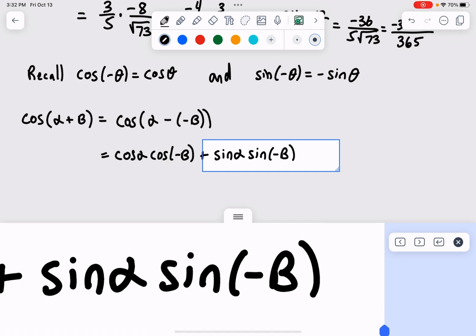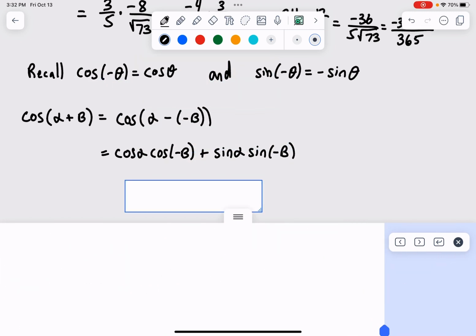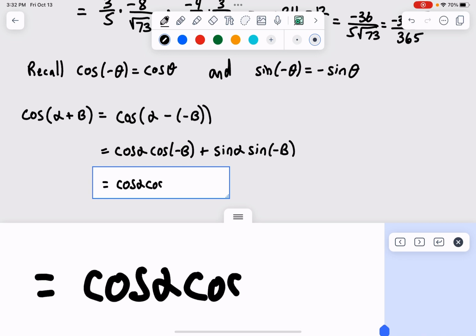Okay. And then we invoke the identities from up above. Cosine of a negative angle is just cosine. So we can rewrite that first part there as cosine alpha, cosine beta.